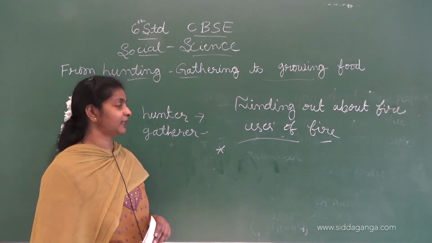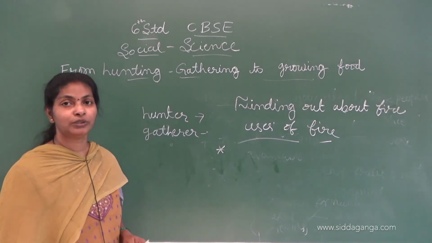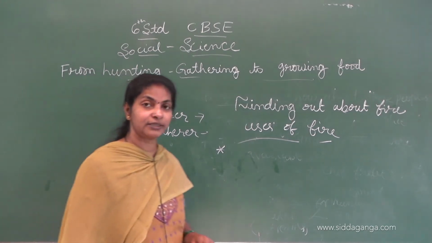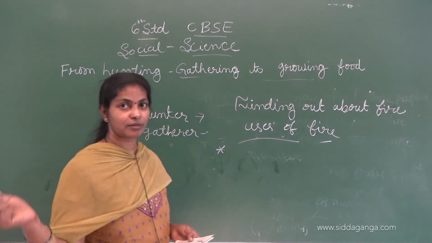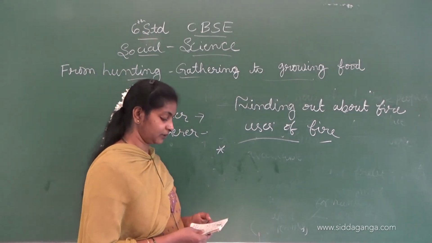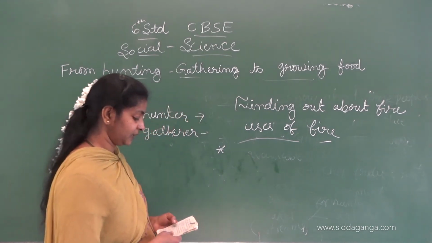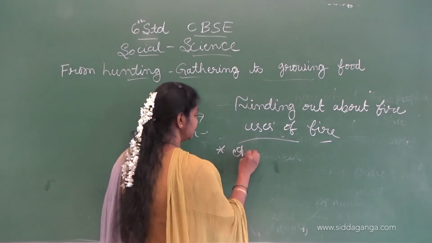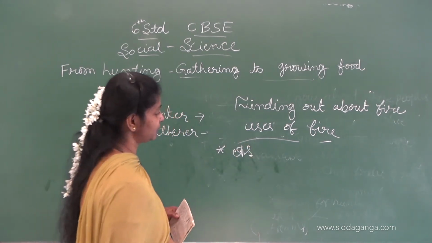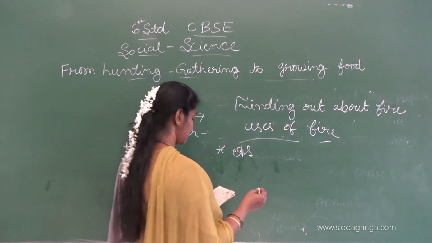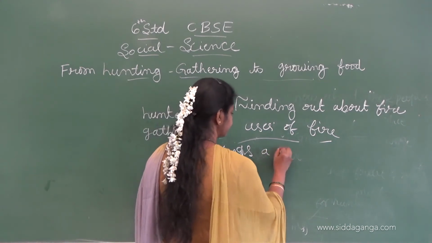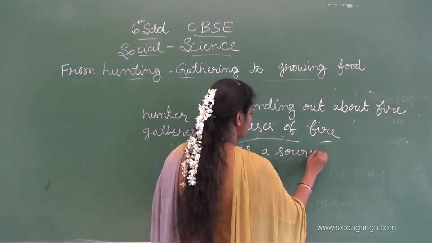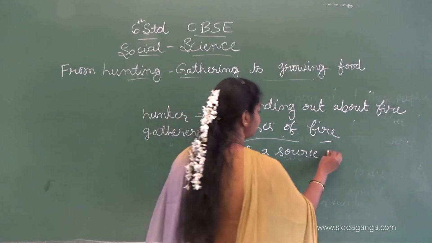The gatherers and hunters took many more uses from the fire. Let us learn some of the uses among them. The first one is as a source of light. They used fire as a source of light.